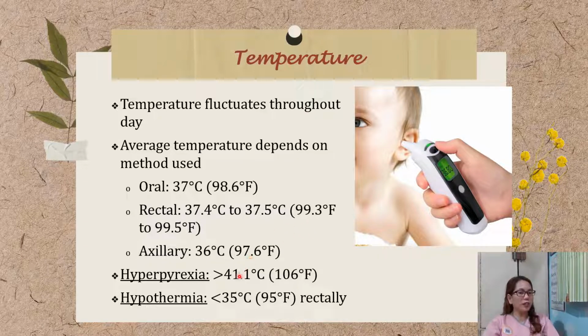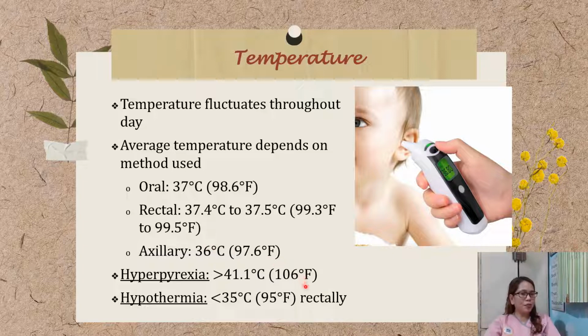While for the axillary, the average is 36 degrees Celsius or 97.6 degrees Fahrenheit. As you can observe, the oral temperature is usually lower by 0.4 compared to the rectal, while the rectal is higher compared to the axillary.